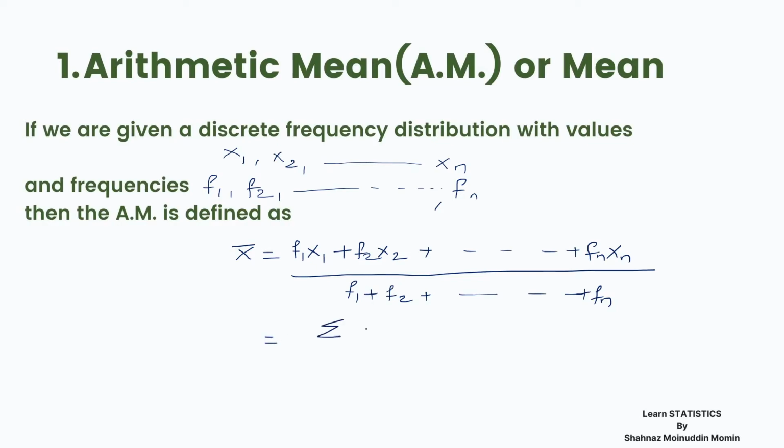This can be expressed in the form of summation as summation fi into xi, i from 1 to n, divided by the sum of frequencies.